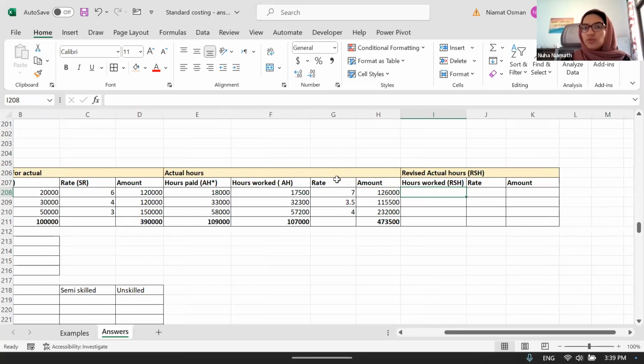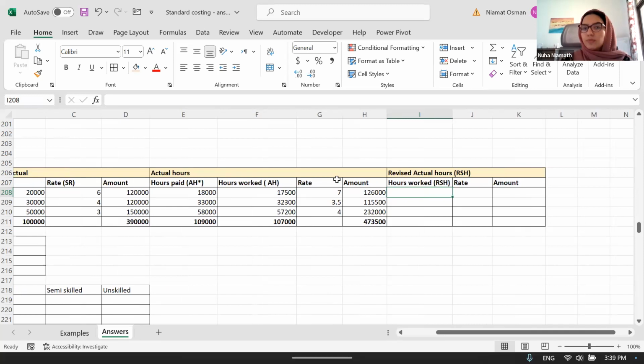What happened? What's the confusion? First question: for revised actual hours, will we use hours worked or hours paid? Please let me know in the chat box. Will we use hours worked or hours paid?